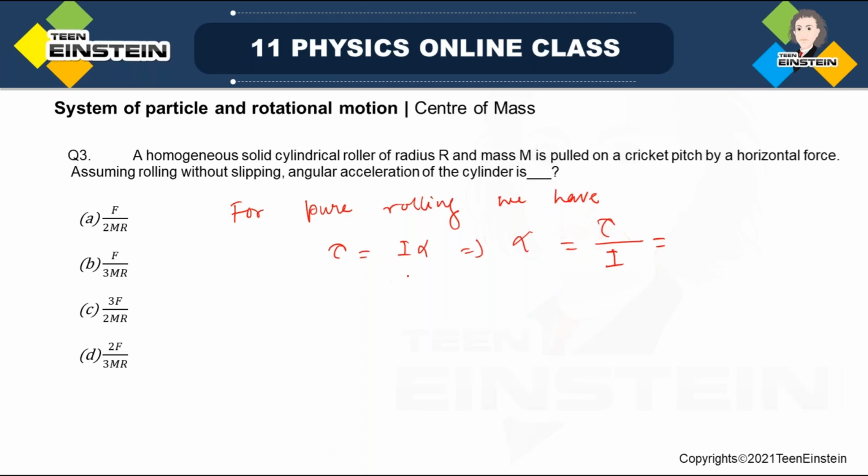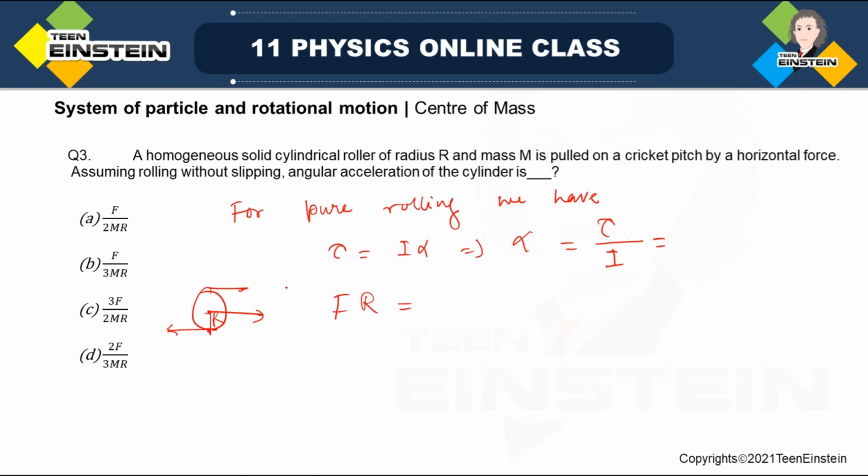So in this case, similarly we can write F into R is equal to, see, we are just considering the force is applied, since it is not given here, about the center of mass, okay, and about this point. That's why we have taken R.